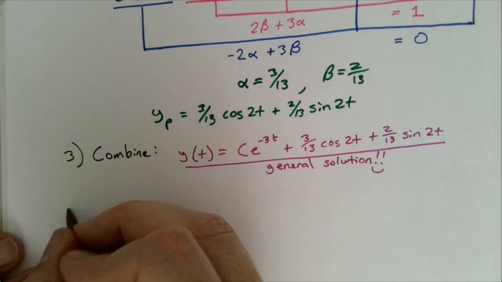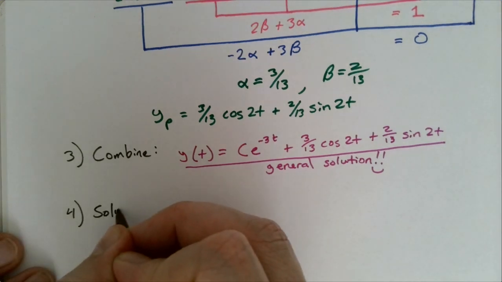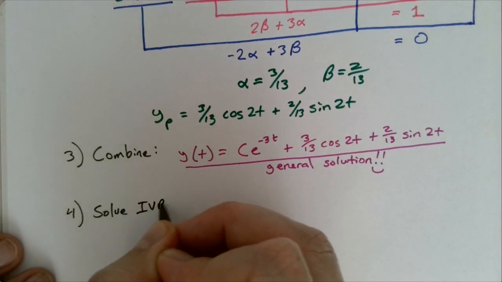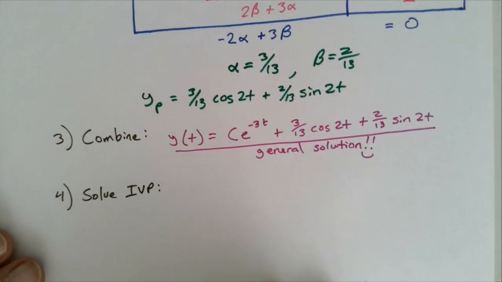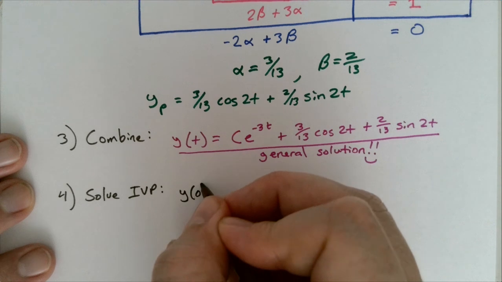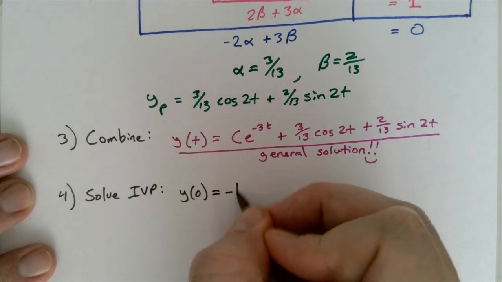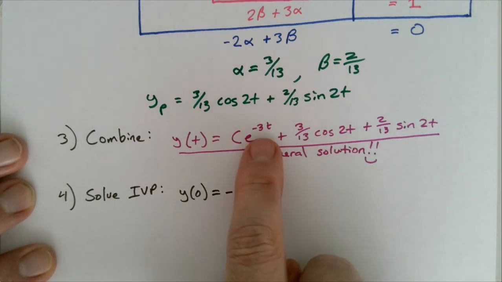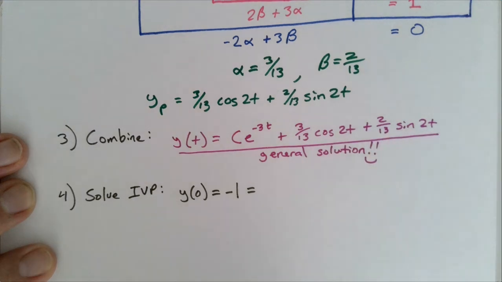So there's part 4 in this process: we're going to solve the IVP by using our initial condition. And if you remember from up above, y of 0 is equal to -1. That means -1 must be what I get when I plug in 0 for t in each spot.